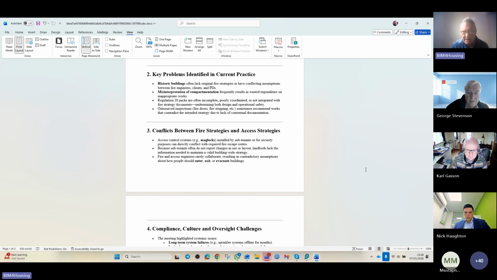Regulation 38 packs are often incomplete, poorly coordinated, or not integrated with the fire strategy documents, which undermines both design and operational safety. And lastly, outsourced inspections for fire doors, fire stopping, etc., sometimes recommend works that contradict the intended strategy due to lack of contextual documentation.